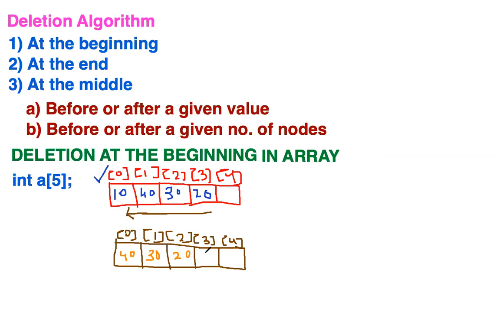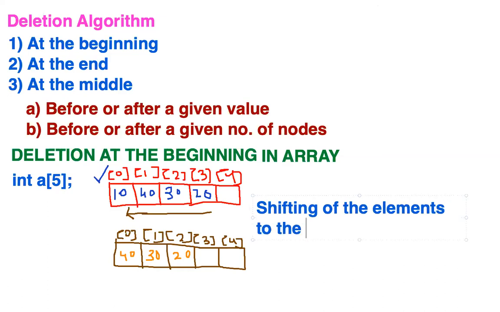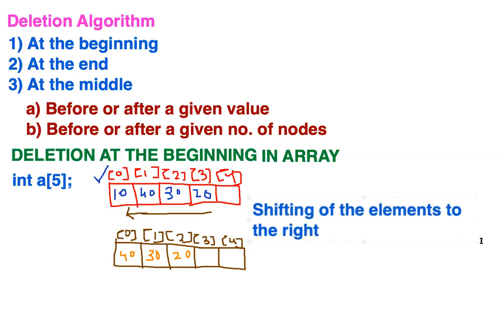Now we see that deletion requires shifting of the elements, like insertion does. If my array is of size n, then n-1 shifts are required. If there are 5 elements in this array, then I require at least 4 shifts.